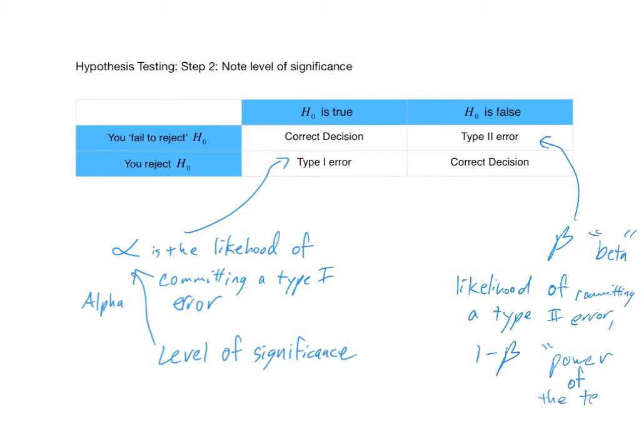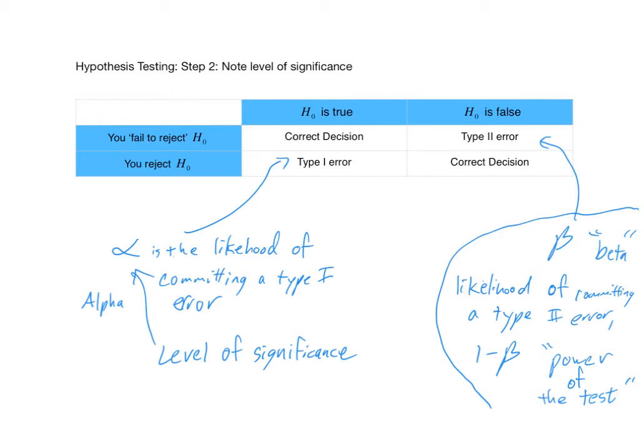This is a statistical concept that is beyond our course, so we're not even going to talk about beta or 1 minus beta. I just wanted to mention it here so that you've heard of it. The likelihood of committing a type 1 error, alpha, is what will matter most to us as we do our hypothesis testing. Alpha will be stated explicitly in the original problem. It's not something you come up with.